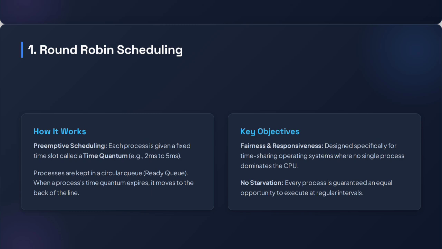If your order takes 3 minutes, the barista works on your order for 1 minute, asks you to step aside and wait, serves the next person for 1 minute, and comes back to you later. The goal of this scenario is that no single customer gets blocked, waiting for one big order.